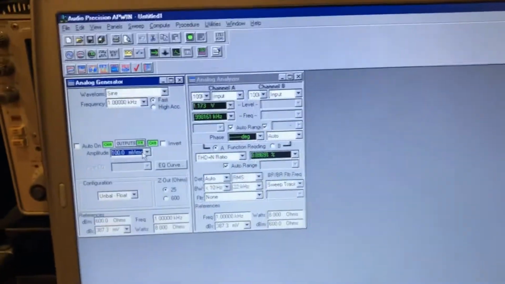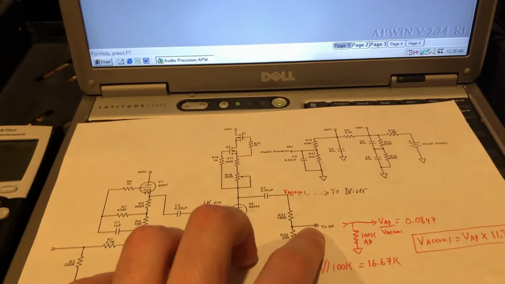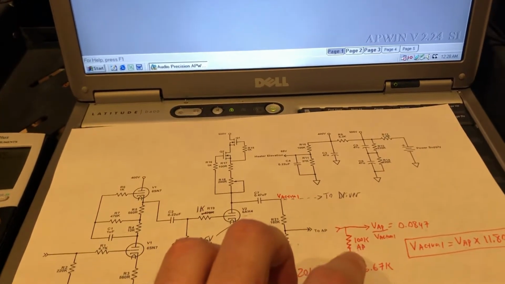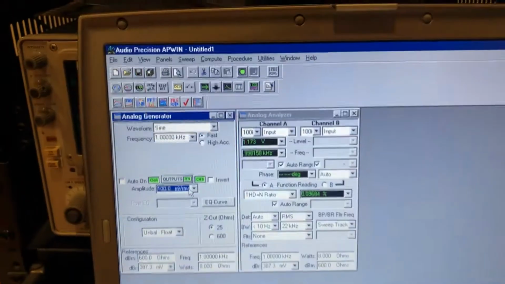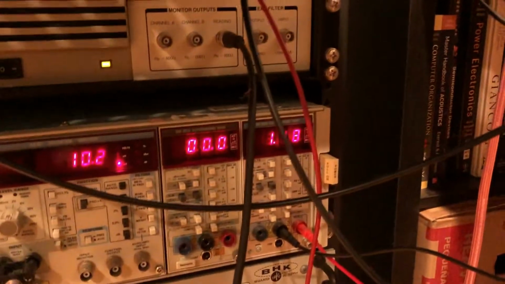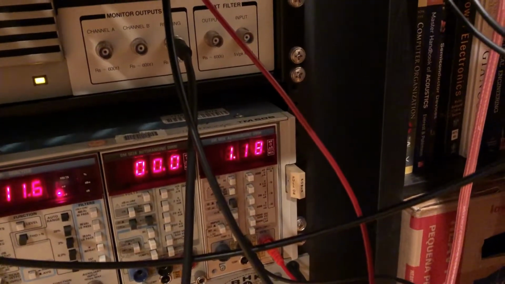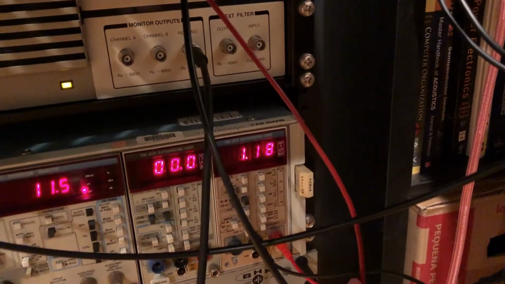What I've also connected to this node here is our 10 megaohm DMM. And so our AP and our digital multimeter should agree at roughly 1.173 volts. If I go down to our digital multimeter, you can see it there, 1.18 volts. So they agree with each other.